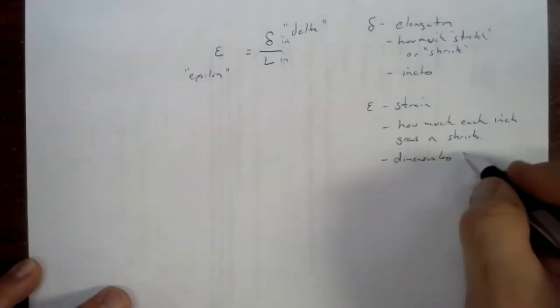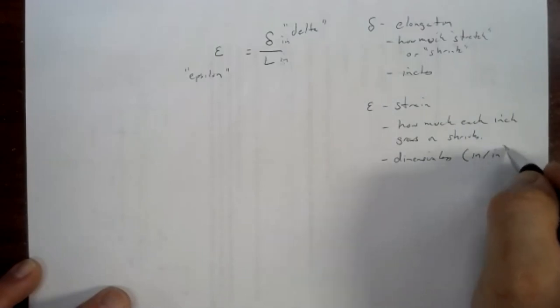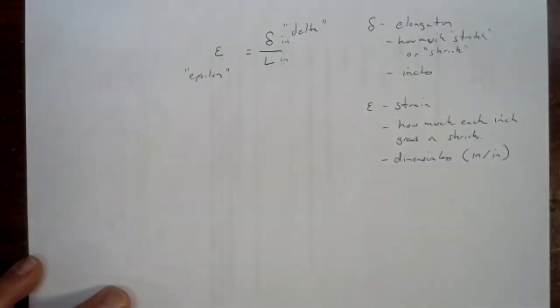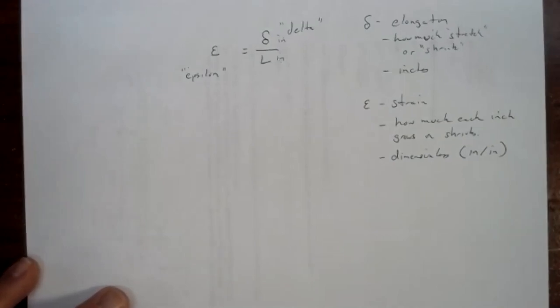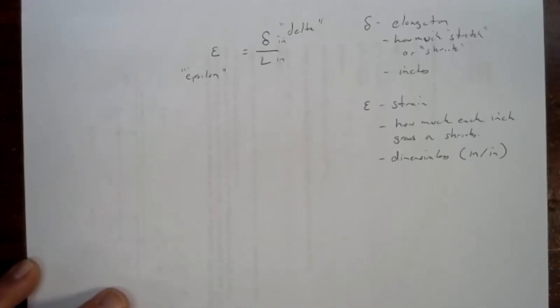Now, sometimes people like to say it's inches per inch, which is kind of a weird thing to say. But if you think about what that means, what it's really telling you is how many inches did each inch grow, or how many inches did each inch shrink. The top inches is how much change there was. The bottom is referencing 1 inch.